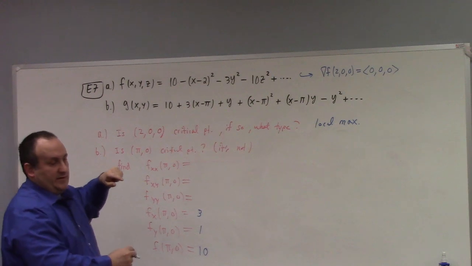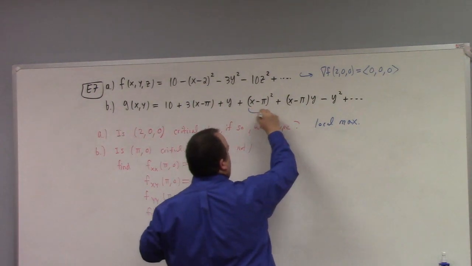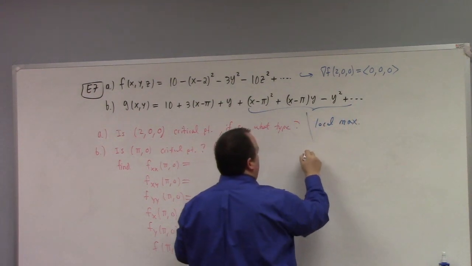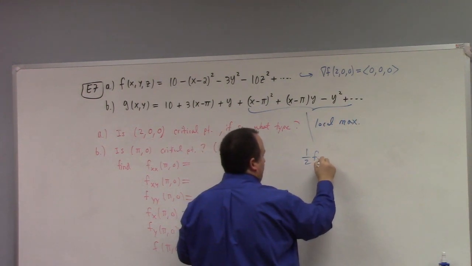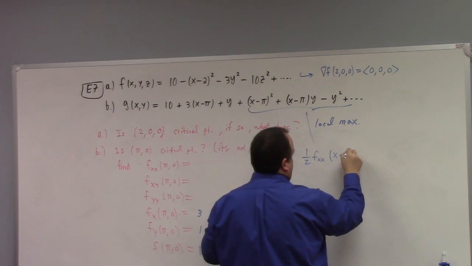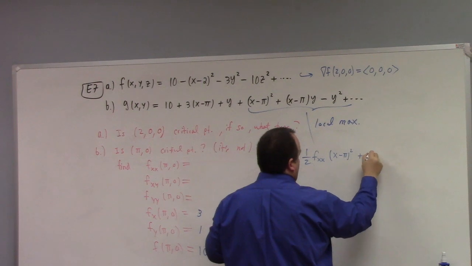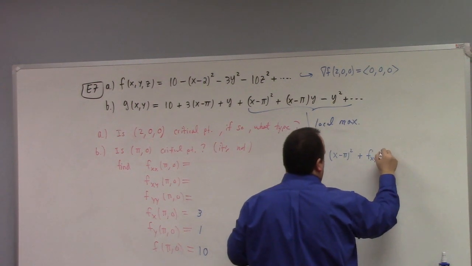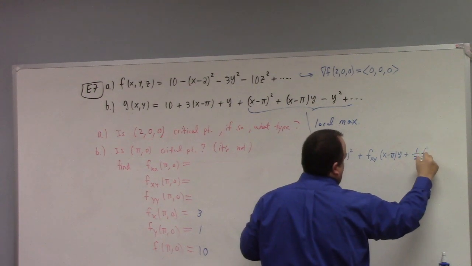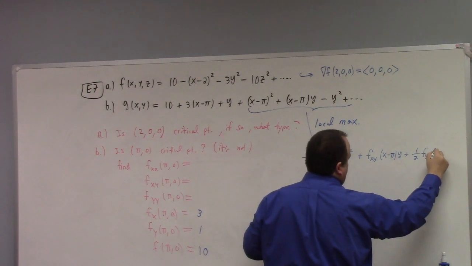Now, here's where it gets a little bit trickier. Over here, we need to remember what the multivariate Taylor expansion looks like. It's like 1/2 fxx times (x minus pi) squared, and then it's plus fxy times (x minus pi) times y, and then 1/2 fyy times y squared.